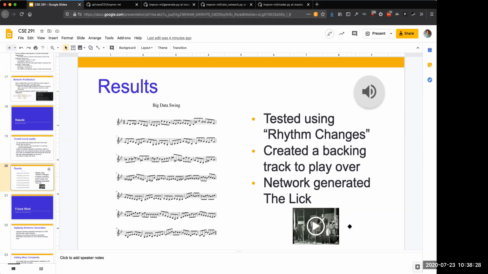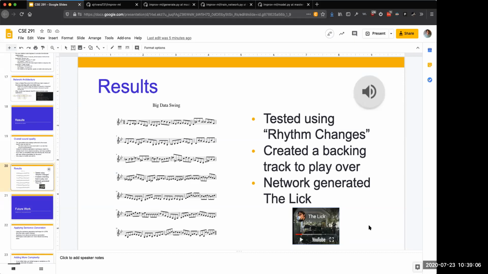And one super cool thing that we thought was awesome to come from this is the fact that it generated the lick. So for those of you who don't know, the lick is a jazz meme. I think you guys get the picture. But basically, it's a jazz meme. A lot of jazz musicians have used it in their solos, whether intentionally or not.